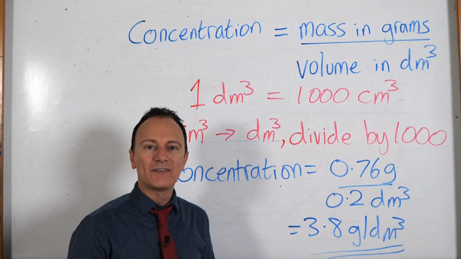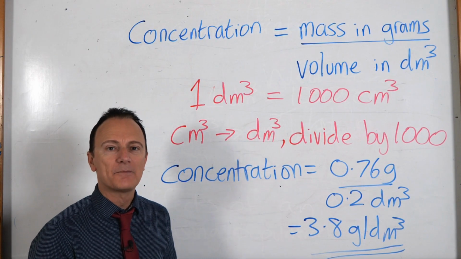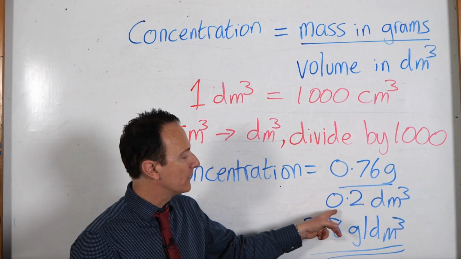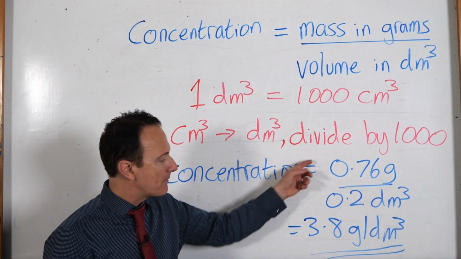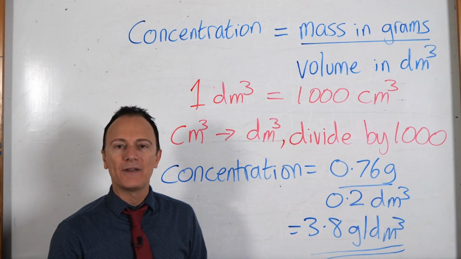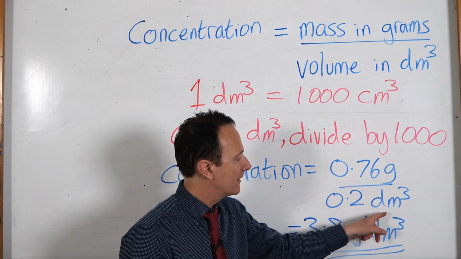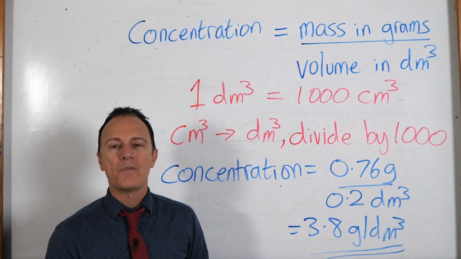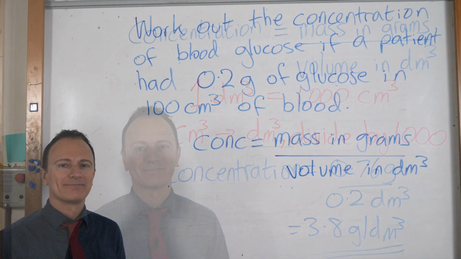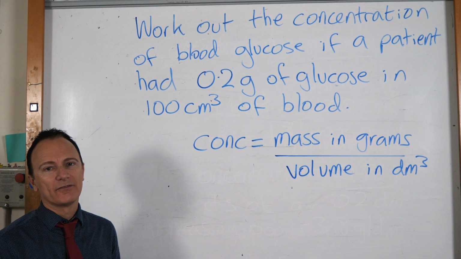So the 200 centimeters cubed, I divided by 1000 to get 0.2 dm cubed. And when we work that out, it comes to 3.8. And the units are going to be grams slash dm cubed. Grams per dm cubed.